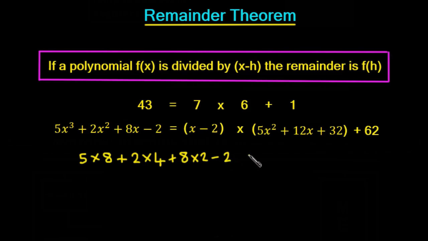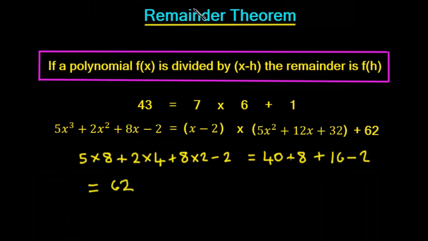So that's going to equal, well, 5 8s are 40, 2 4s are 8, and 8 2s are 16, minus the 2. So 40 plus 16 gives us 56, plus the 8 is 64, minus the 2, which gives us a value of 62.